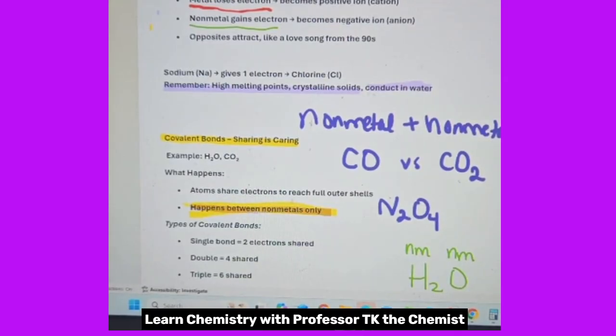So when you have nonmetals, that just simply means they're going to share electrons in order to reach their full outer shell. Now, when we get into that later on, you'll understand what that means and what that represents. Now, there are bond types with covalent bonds, such as single bonds, double bonds, and triple bonds.